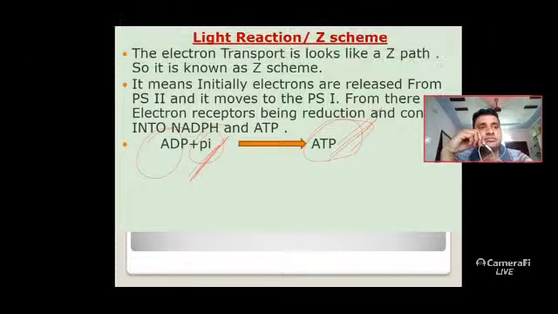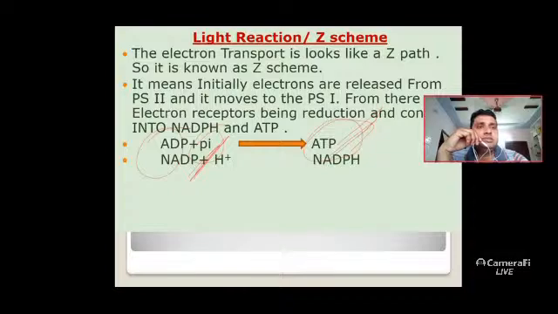Apart from that, NADP plus H plus. NADP means, as I already told you, nicotinamide adenine dinucleotide phosphate. Whenever NADP connects with hydrogen protons, which are evolved in photosystem 1 and photosystem 2 along with electrons, it forms NADPH.